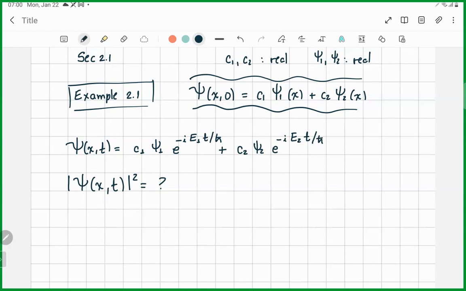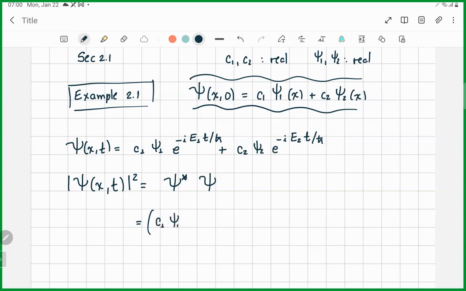Now comes the second part, which is to obtain the probability density. How are we going to do that? Well, we need the conjugate and the function. The conjugate is, in principle, C1 should be conjugated, but since it's real, I'm just going to put C1.